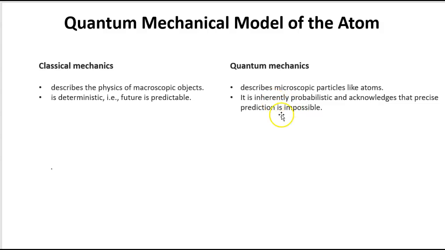But in quantum mechanics, we talk about the probability of where the electron is most likely to be present. We don't talk about the precise position, but we talk about probabilities.